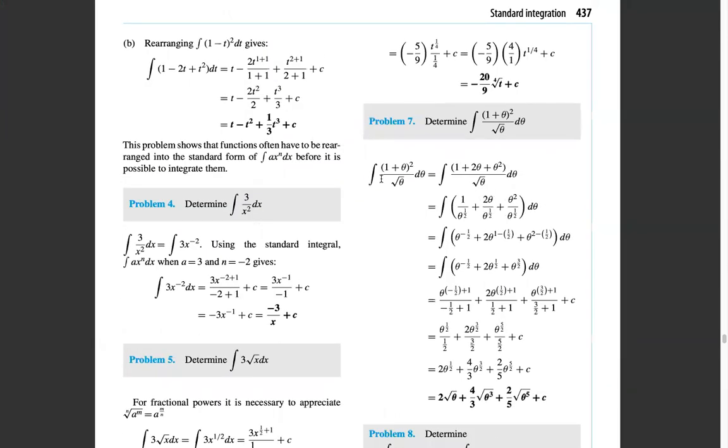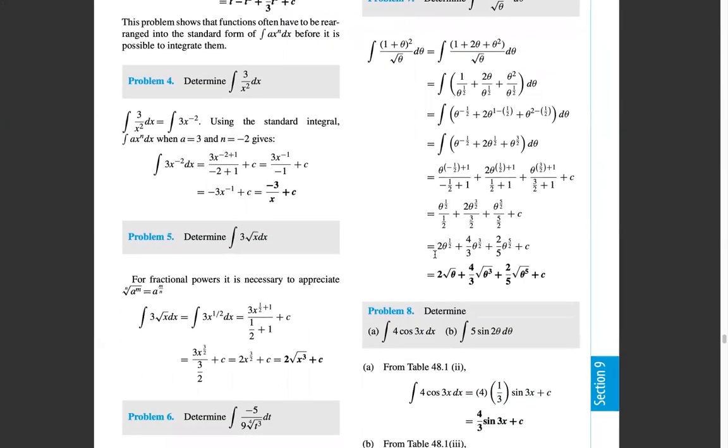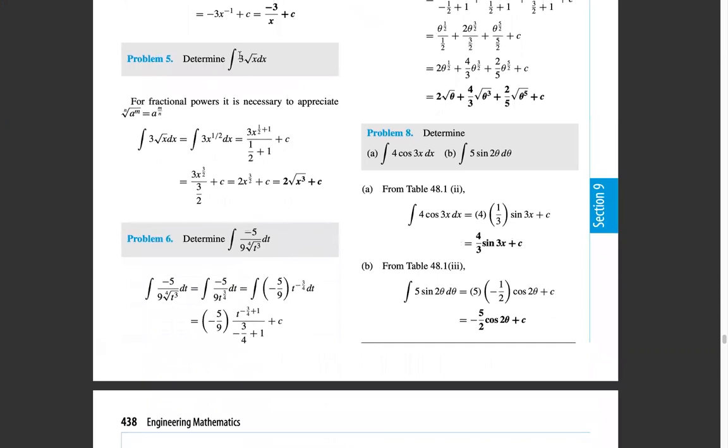But this just shows you ways of applying the rules. These are the polynomial rules. They're just using different letters like theta and y and g, but it's the same thing. Like let's look at this one here, the integral of 3 square root of x.